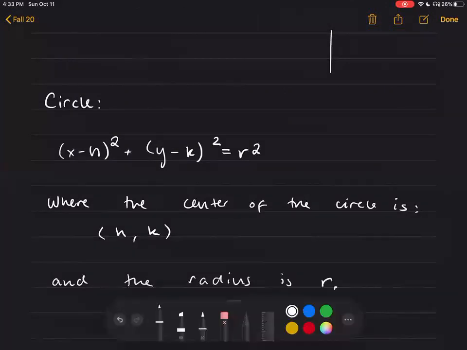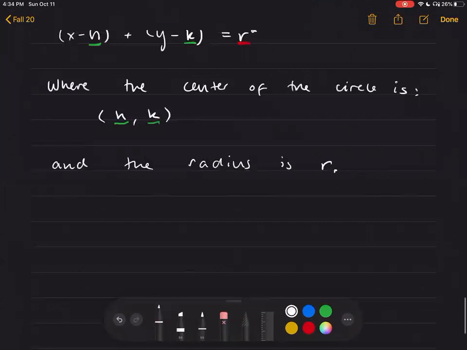So the r here, this is r squared. Sorry if that's maybe a little unclear. r squared, that's the radius. And then h and k describe where the center of the circle is.